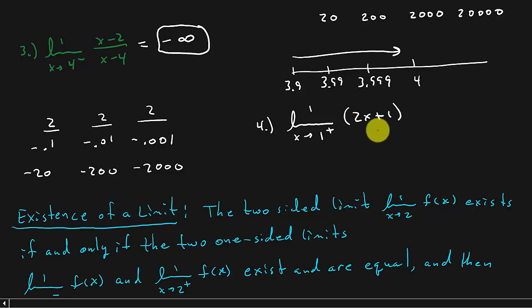Well, this is a polynomial, okay? It's just a linear function here. And so for this, we can actually just plug the 1 in. And that would give us 3 plus 1, which equals 4. So if you have a polynomial or a rational function, and it's continuous at the x value that you're approaching, just plug the number in for x.